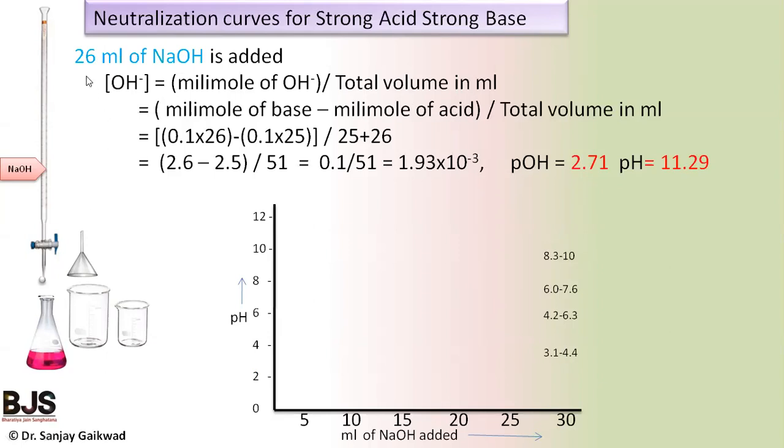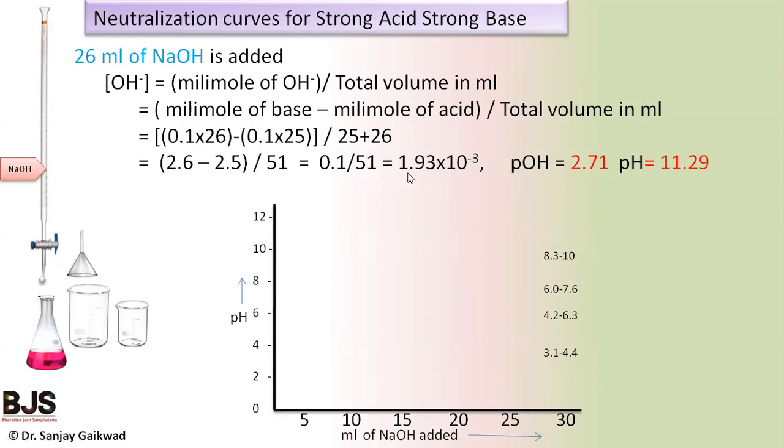Now when we are adding 26 ml of NaOH from the burette, we have to calculate the pOH instead of pH. Then millimoles of base minus millimoles of acid, therefore 0.1 into 26 ml of base minus 0.1 into 25 ml of acid, therefore 2.6 minus 2.5, that is 0.1, and the total volume is 25 plus 26, that is 51.